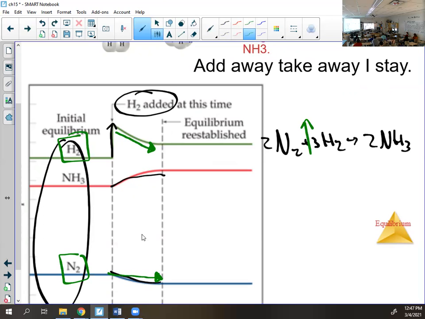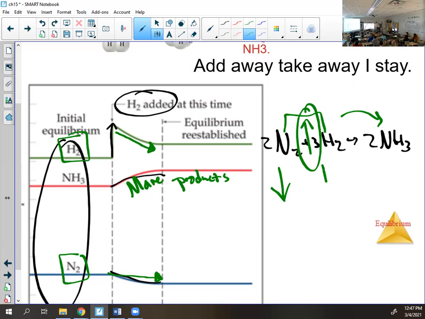Well, why would it go down? Because we're making more products. If we make more NH3, that ties more N2 and H2 together. And so my addition of H2 caused a decrease in both my reactants because I had an increase in products.